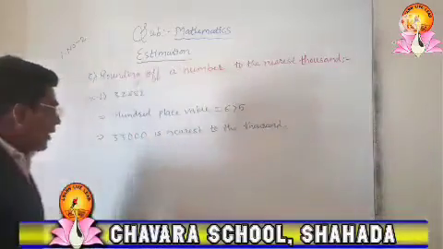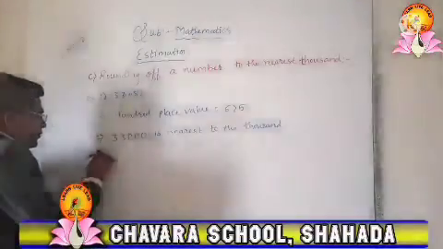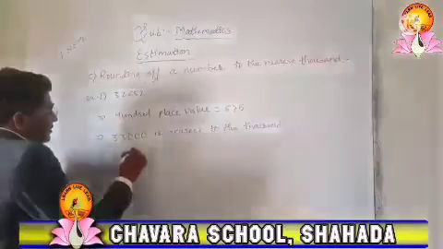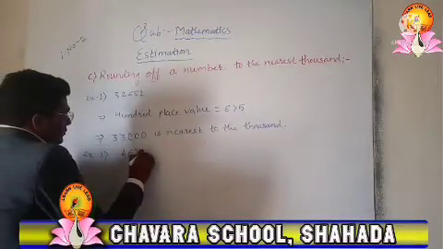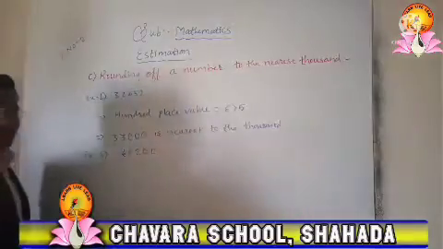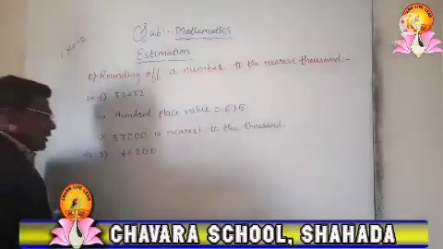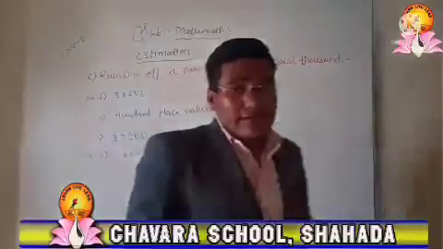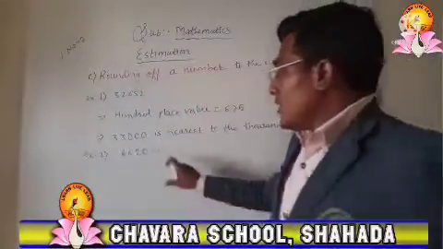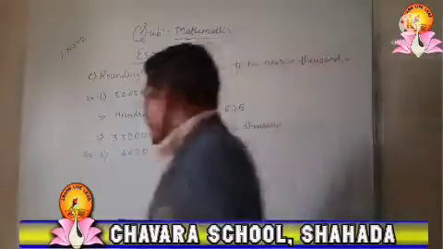Okay. Now again we will take an example. Example number 2: 46,200. Again the same rule. Which is the 100 place value? The 100 place value is 2.